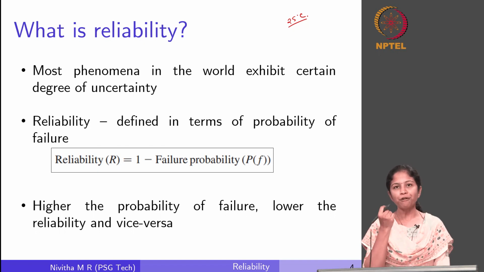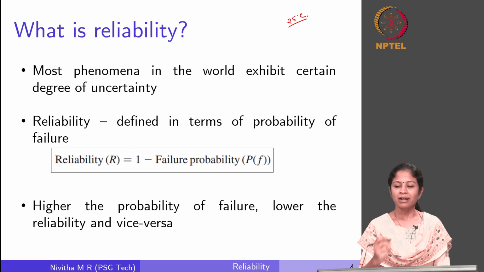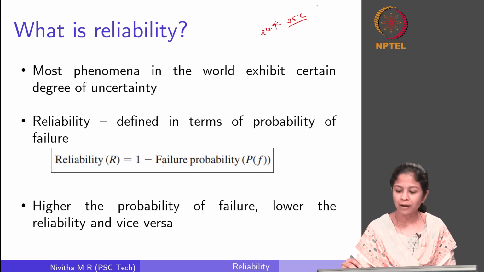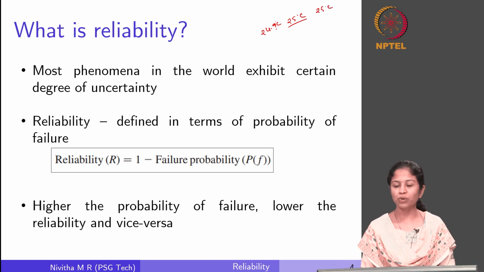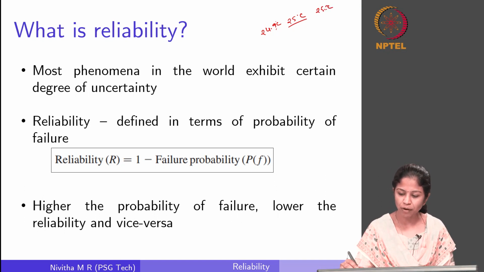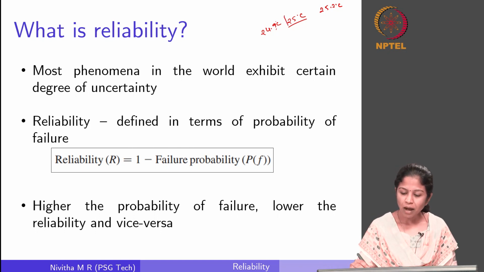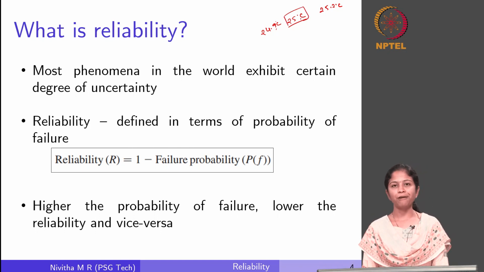There may be a few instances of time when the temperature may be 24.9 degrees Celsius or 25.2 degrees Celsius. So, there is some variability around the value that I have considered.